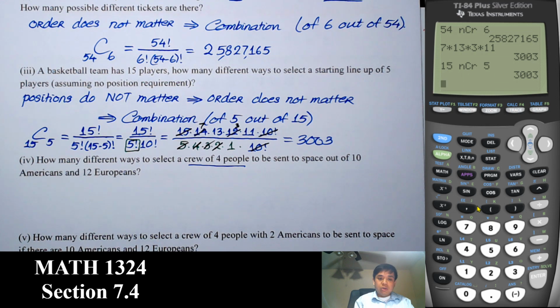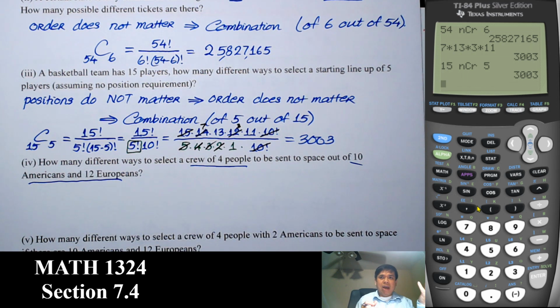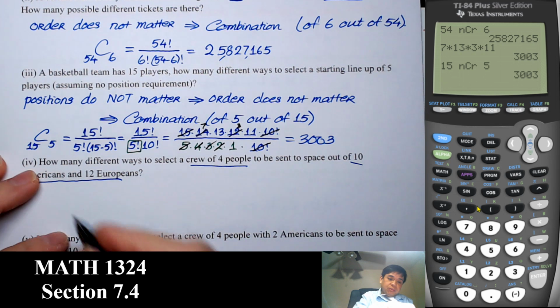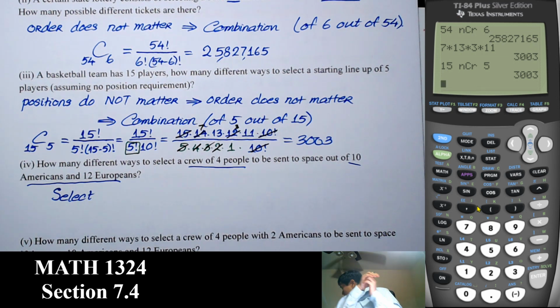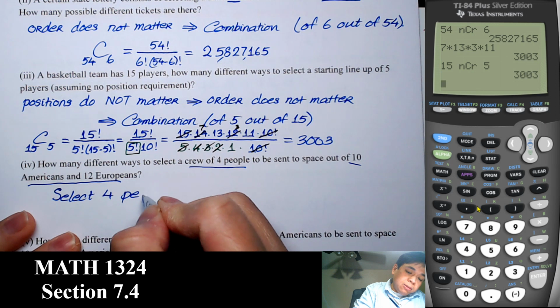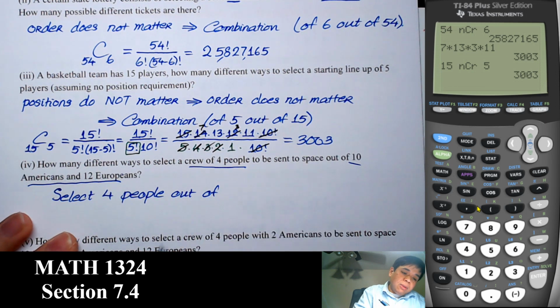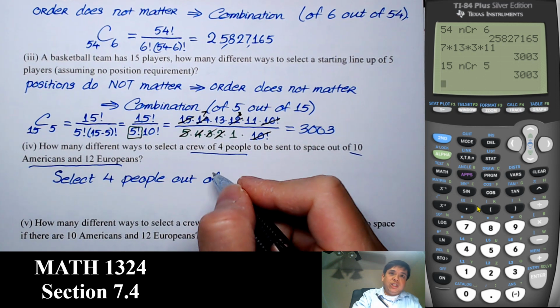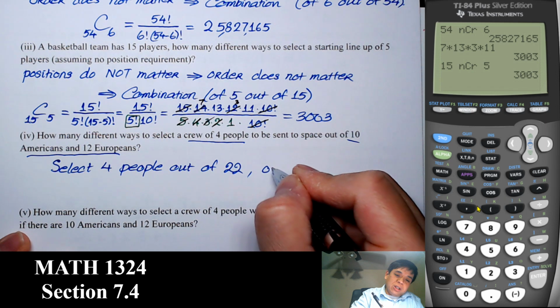So a group of 4 people, out of 10 and 12. It did not say how many Americans or how many Europeans we have to select. So in that case, we just select 4 people out of 10 plus 12, so out of 22. Order does not matter.